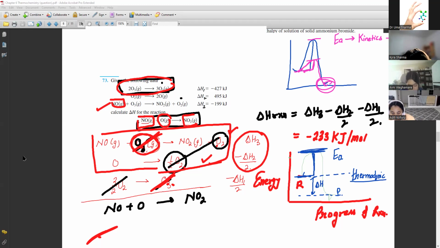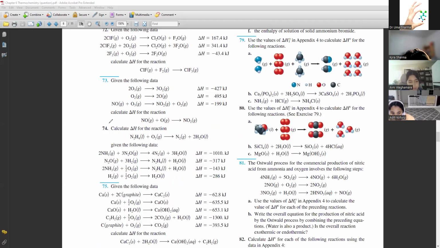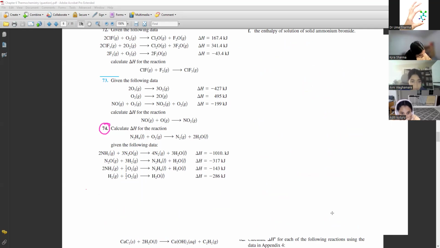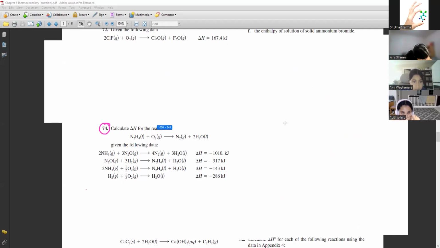Okay, now we go to the next question. Read this question. So you can see the desired equation here. Use the trick which I was telling you.